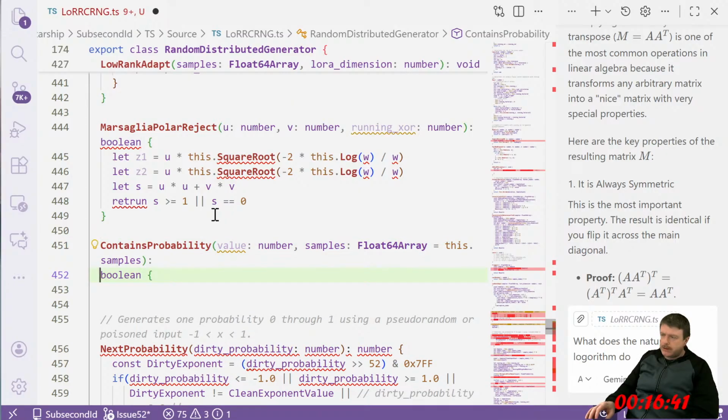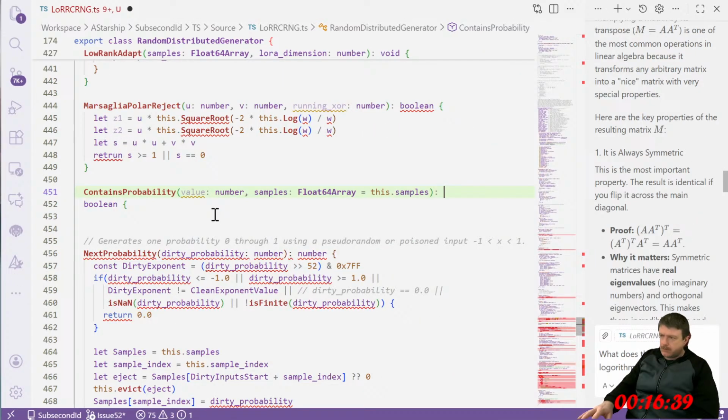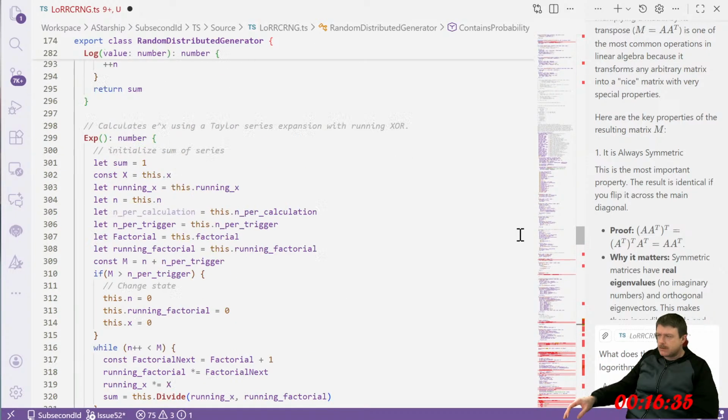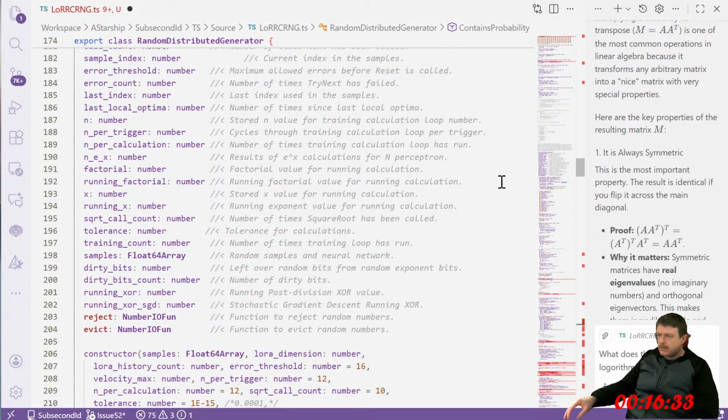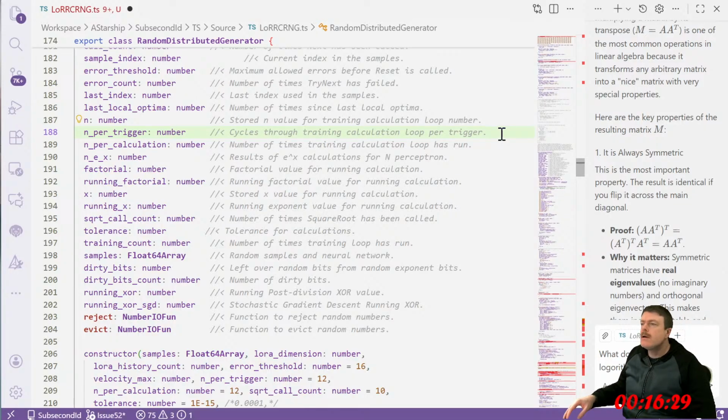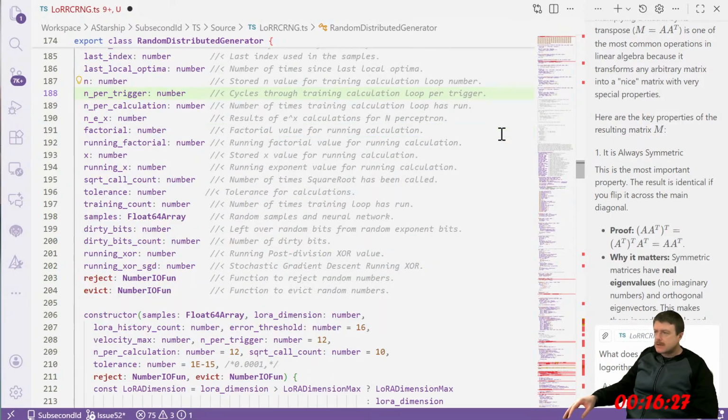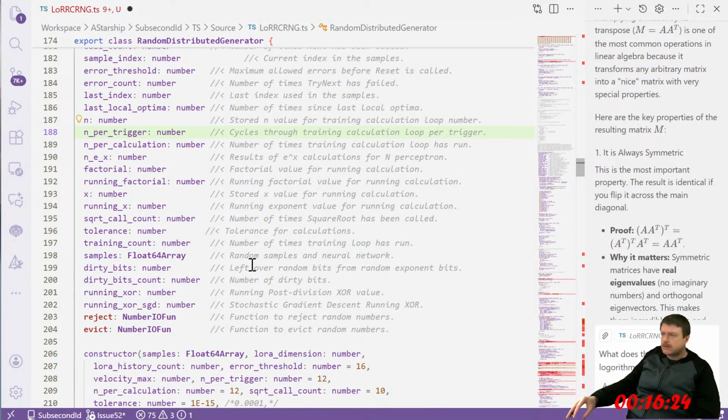Where do I do that? I guess I need to have more space. Where's like 86, right there? That's more than I want. N per trigger.